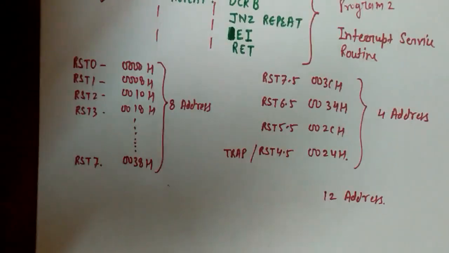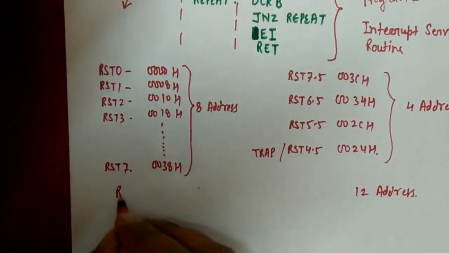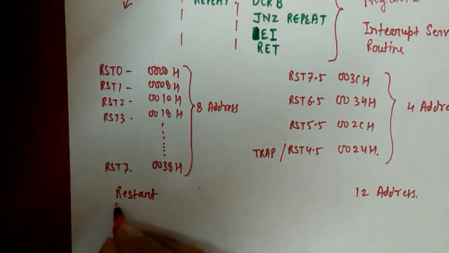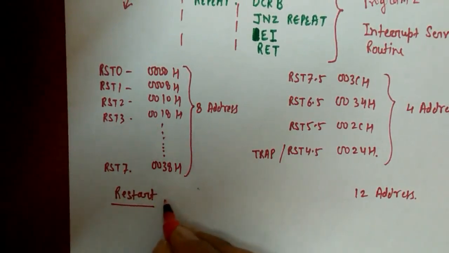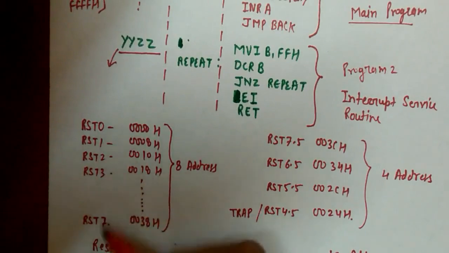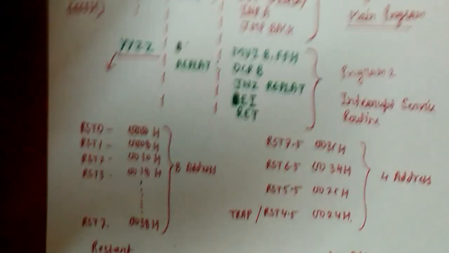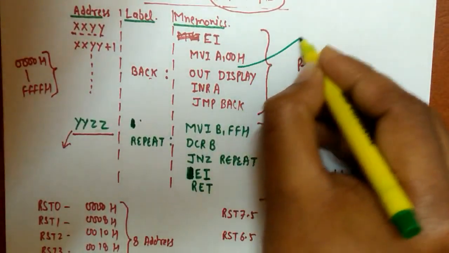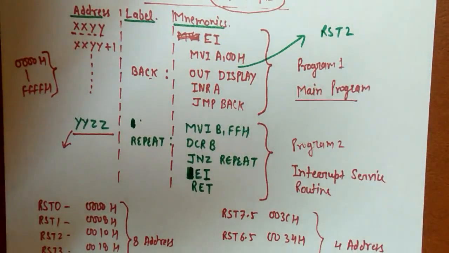Now these RST, that means restart, instructions, these are instructions. That means if somewhere in my program I insert any of these instructions, then simply the microprocessor will jump to the corresponding address. For example, if I insert here RST2, then what will happen?